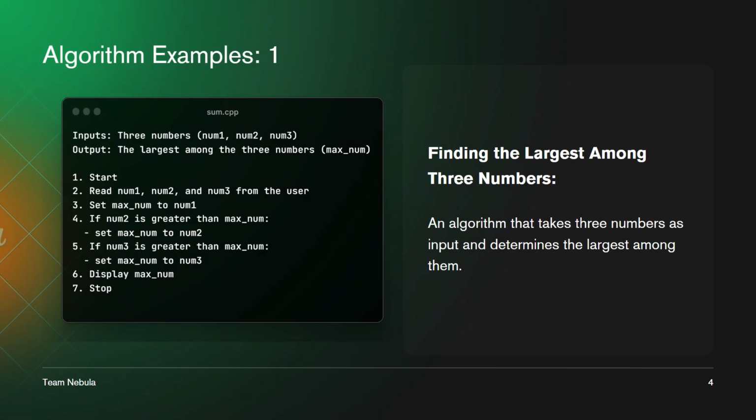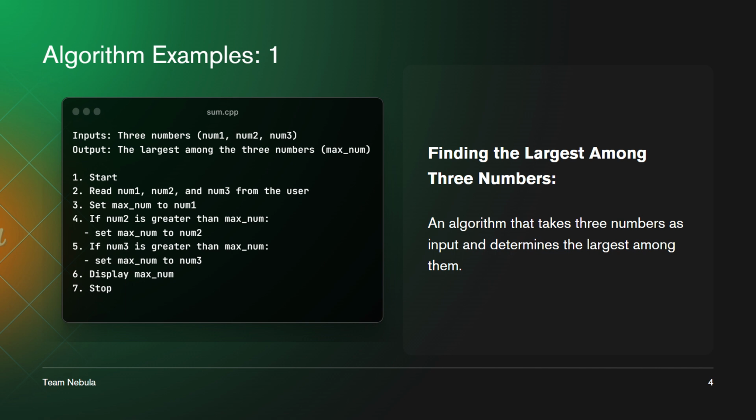Algorithm examples. Finding the largest among three numbers. An algorithm that takes three numbers as input and determines the largest among them. The process begins by prompting the user to provide values for these three numbers. Subsequently, a variable named maxnum is initialized with the value of num1. The algorithm then checks if num2 is greater than maxnum.